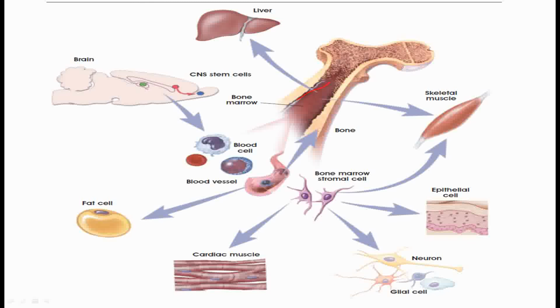Here you can see this is bone marrow. This is bone, and the bone has bone marrow filled in it. This highlighted portion is bone marrow, and this is red bone marrow.